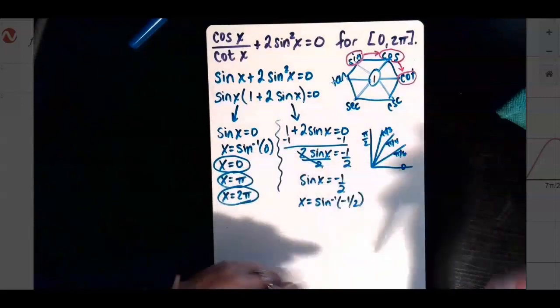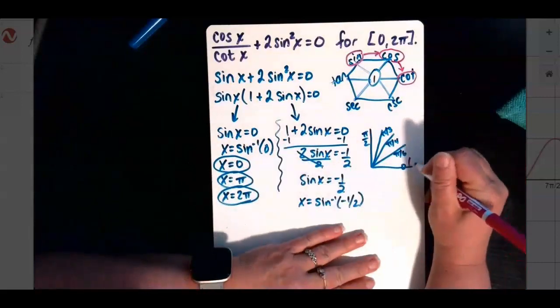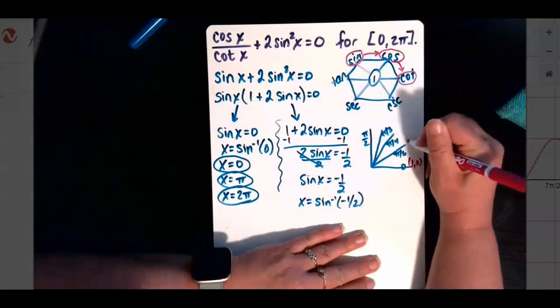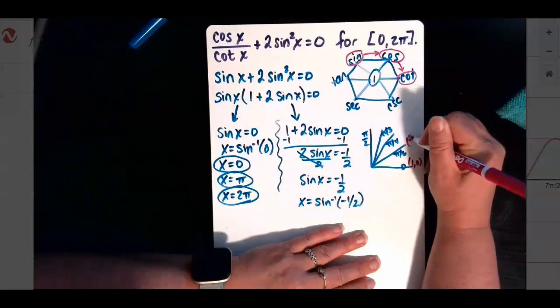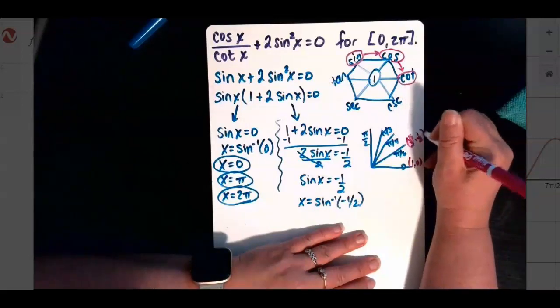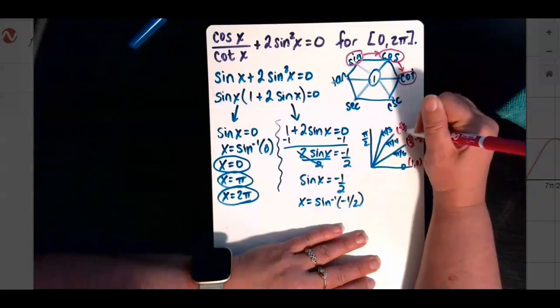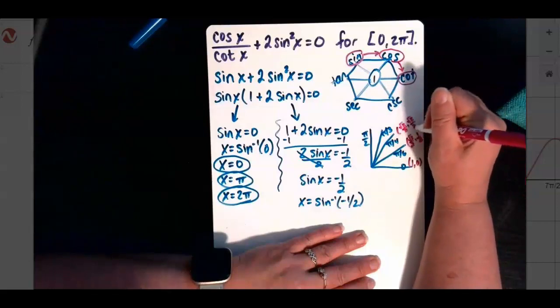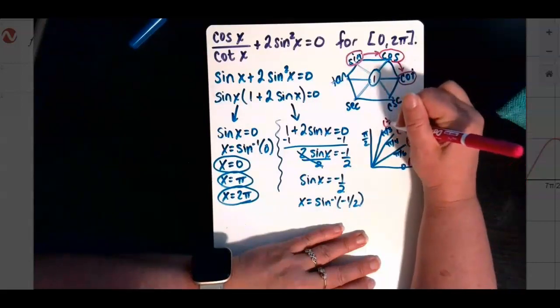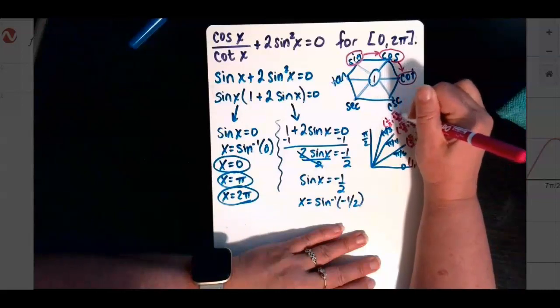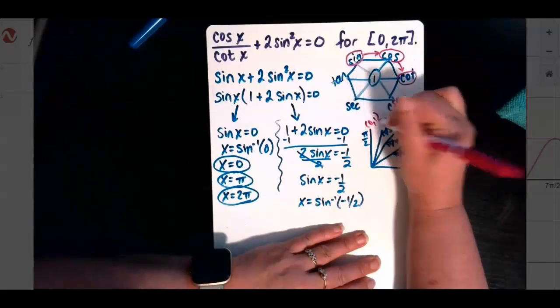And our coordinates here are 1, 0, and then root 3 over 2, comma 1/2, root 2 over 2, root 2 over 2, 1/2, root 3 over 2, and then 0, 1.